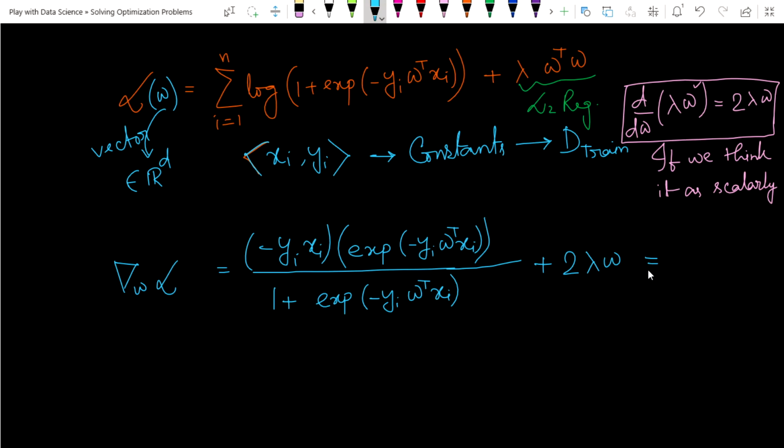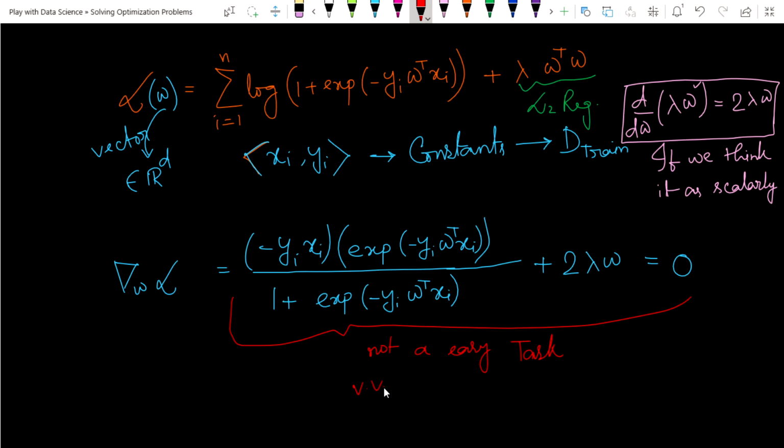To find the minimum or maximum, we first set the derivative equal to 0. Then we have to find the solutions, but the main problem is that finding the solutions of these equations is not an easy task.